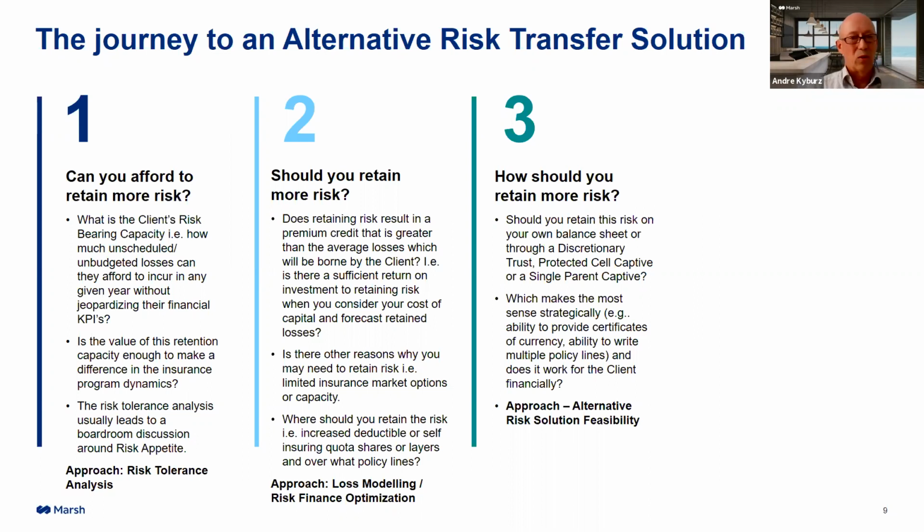Then you would probably look at a European domicile where a captive could write direct in some of those countries. That would be validated in the feasibility study, which would also provide five-year projections of how the balance sheet, the P&L and the cash flow statement could look for a captive or a PCC going forward.